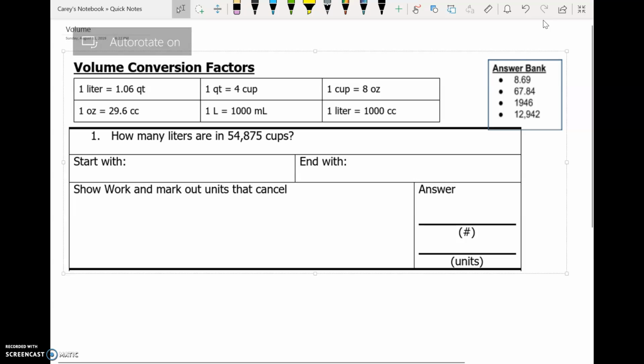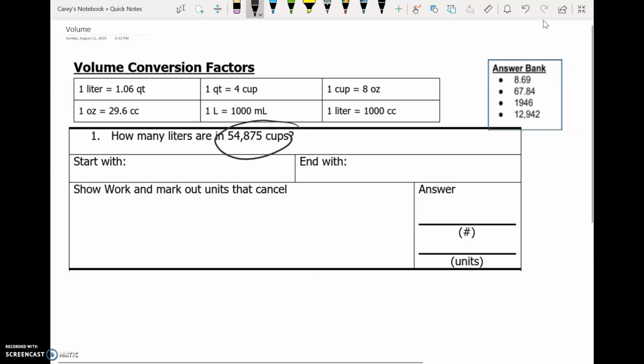All right, our last example is for volume, and on this one, we're given 54,875 cups, and they want us to end with liters. And here you can go from cups to quarts and then liters.